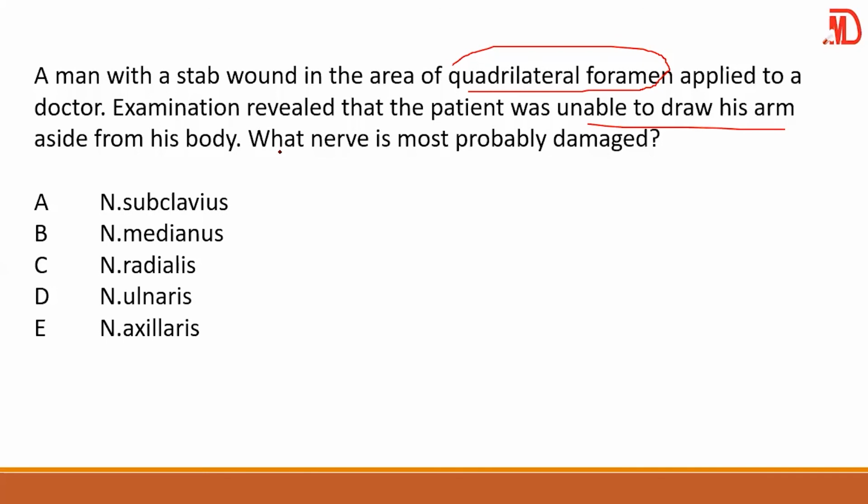When that muscle is impaired, it is due to insufficient impulses from the axillary nerve. That nerve could be damaged, because the axillary nerve supplies the deltoid muscle. We dealt with the deltoid muscle before, which is involved in abduction. All right.